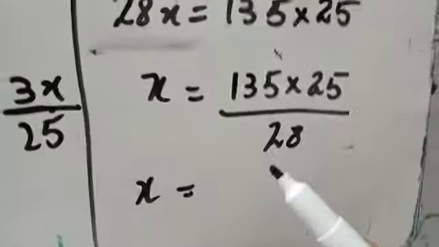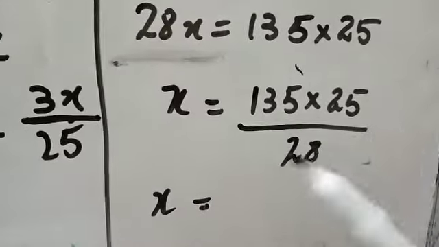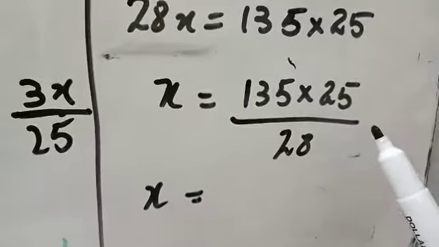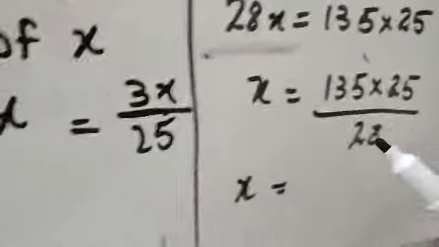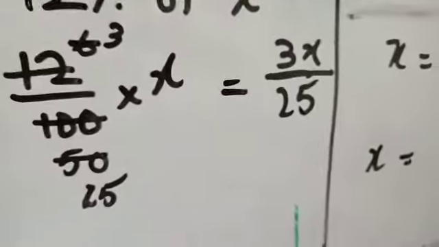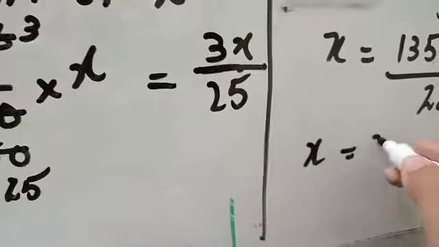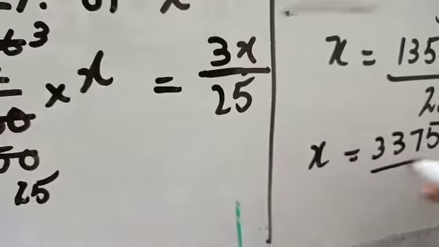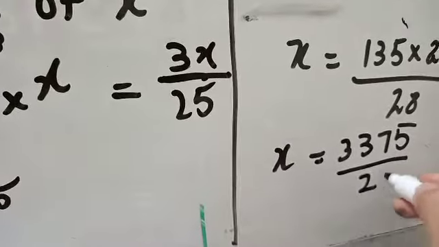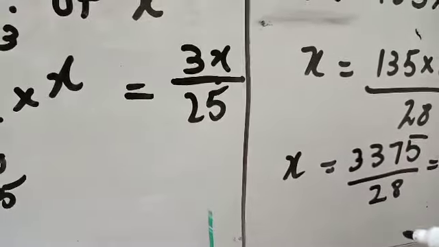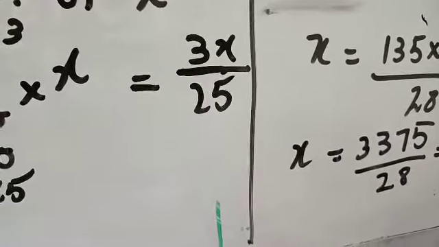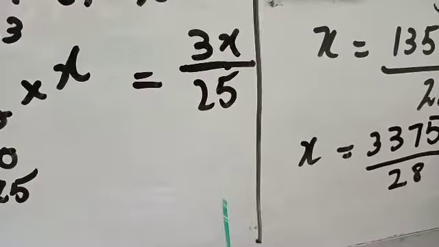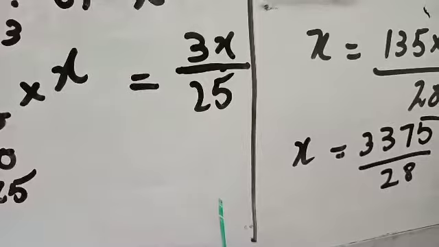Okay, here I cannot reduce any of the tables because there is nothing common between 135, 25 and 28. So I have to multiply, and then I have to do division in the rough column. So after multiplying I get 3375 upon 28 is equal to, when I will divide in the rough column, you will get the answer 120.53.